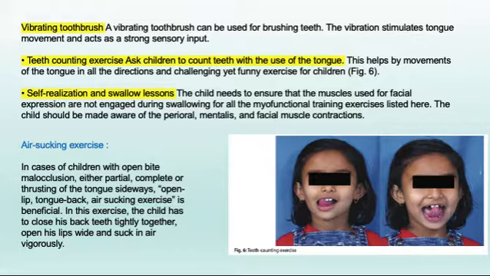And also the air sucking exercise. In children with open bite malocclusion and partial or complete thrusting of the tongue sideways, open lips, tongue pack, the air sucking exercise is beneficial. In this exercise, the child has to close the back teeth tightly together, open his lips wide, and suck in air vigorously.